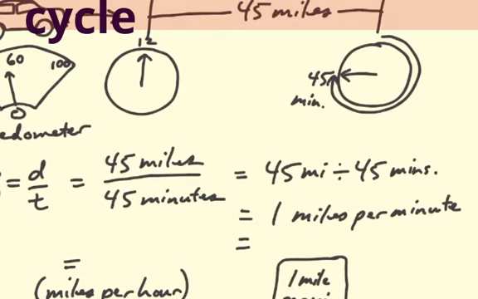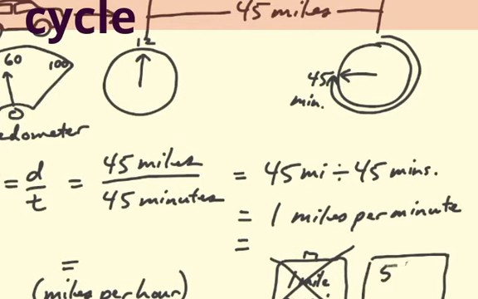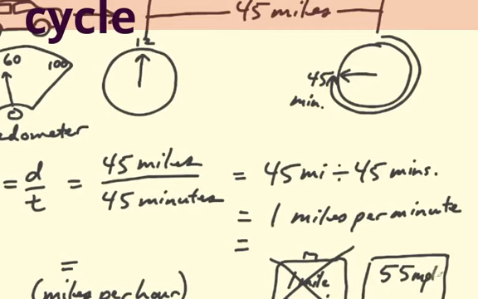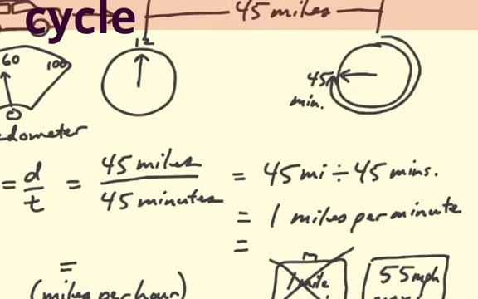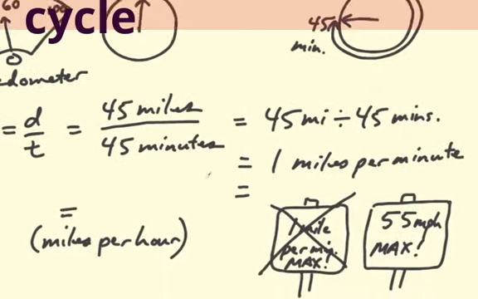No, we're actually going to be seeing things like 55 miles per hour. Things like that, 55, 65. So we want to figure out a way of changing this miles per minute into miles per hour.